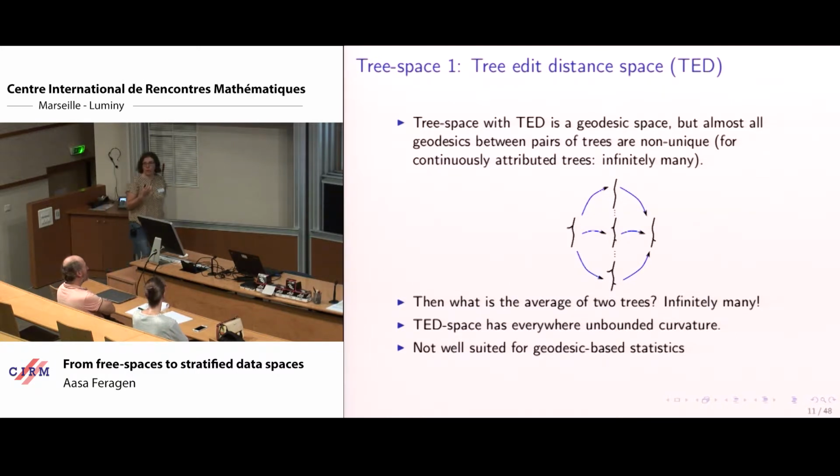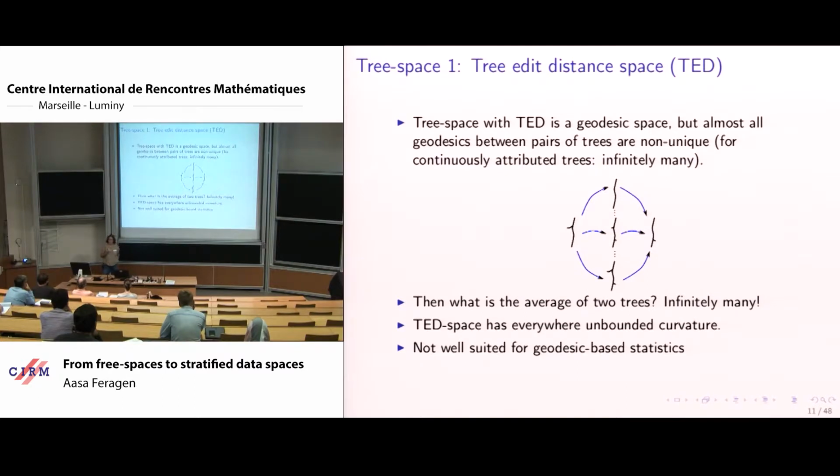Or if you have continuous metrics on your branch attributes, you could do a little bit at a time: remove a bit, add a bit, remove a bit, add a bit. And because of the way the metric is defined, these would all give you geodesics. So you would have infinitely many geodesics between those two, which means if you're considering the average of those two trees, well, you can have infinitely many averages.